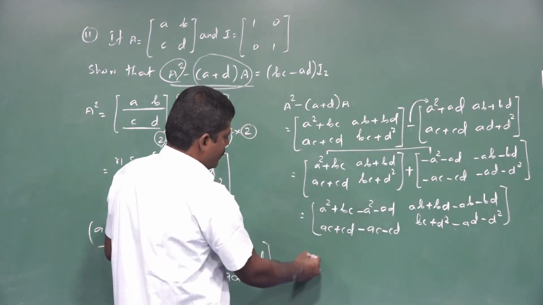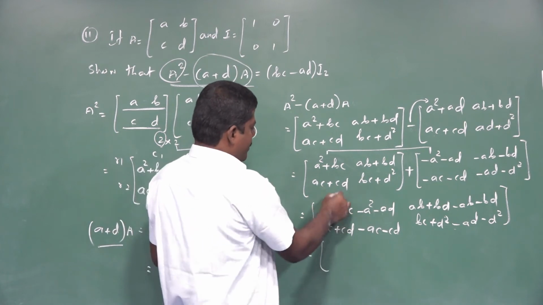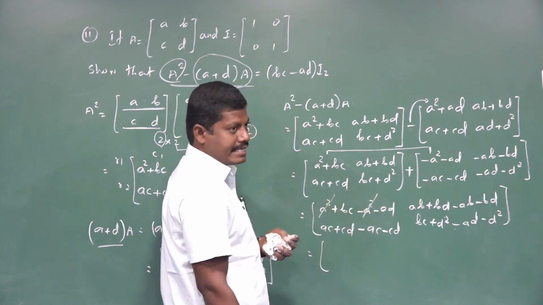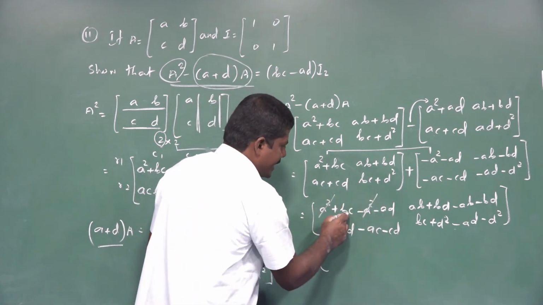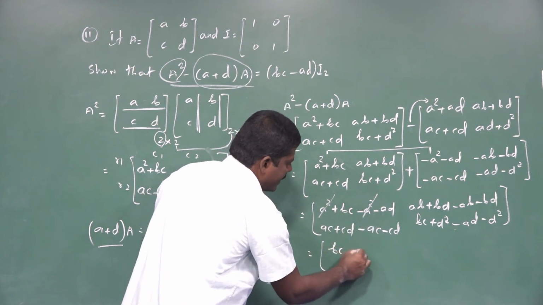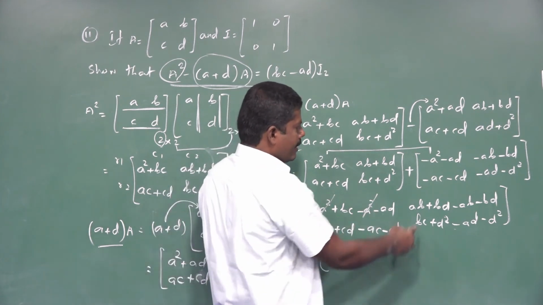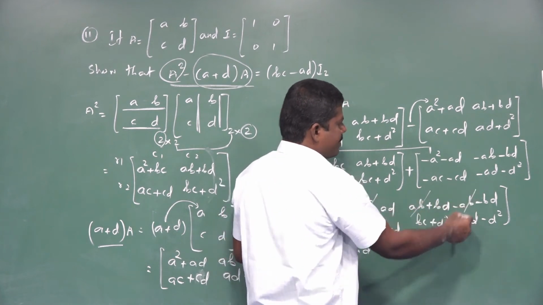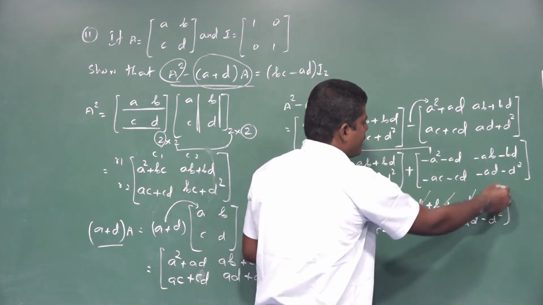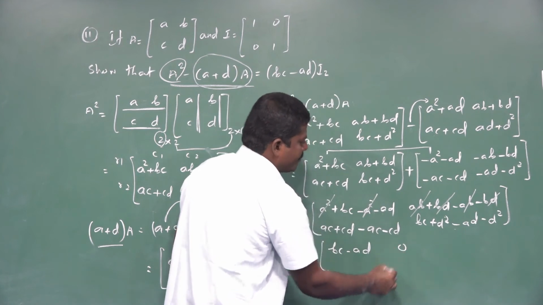Understand? Now, plus A square minus A square gets cancelled. Remaining is BC minus AD. Here plus AB minus AB gets cancelled, plus BD minus BD gets cancelled, so our answer is 0.